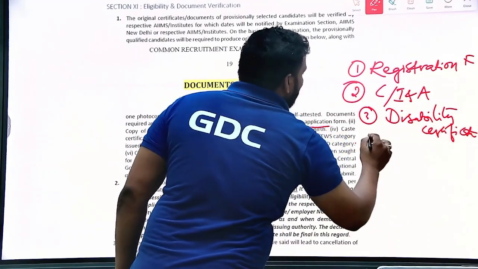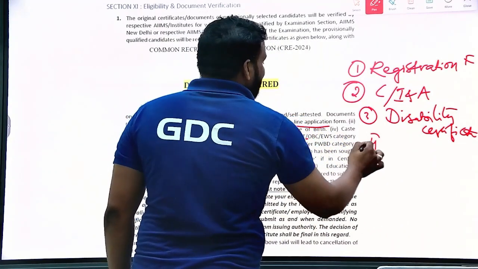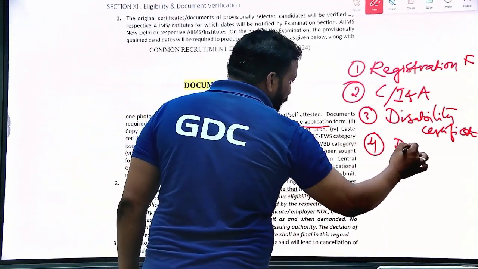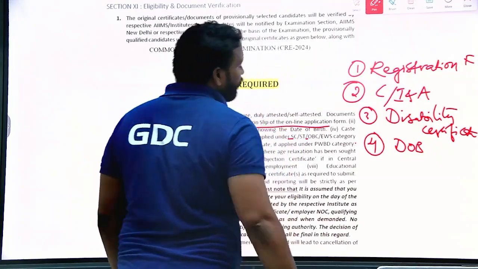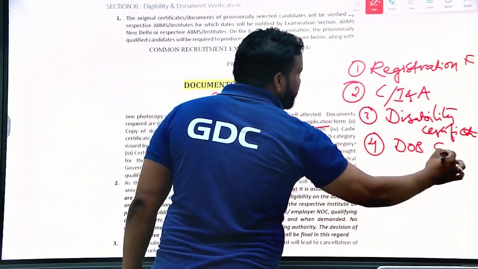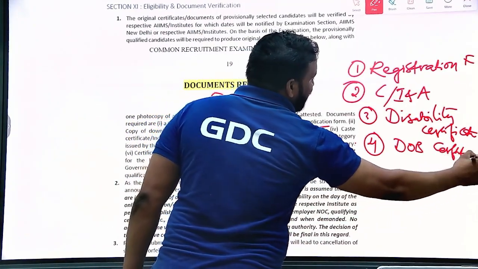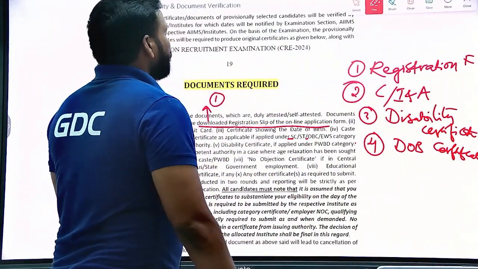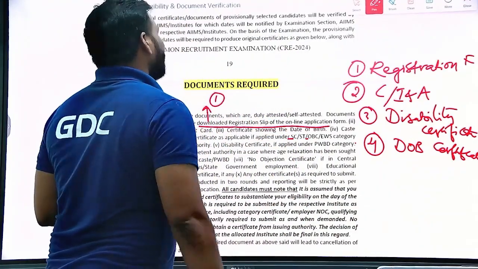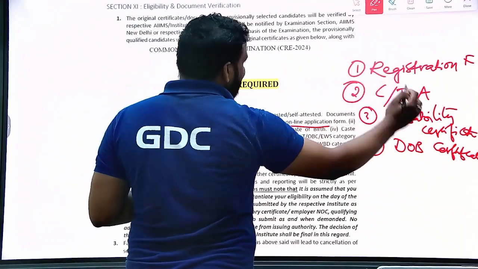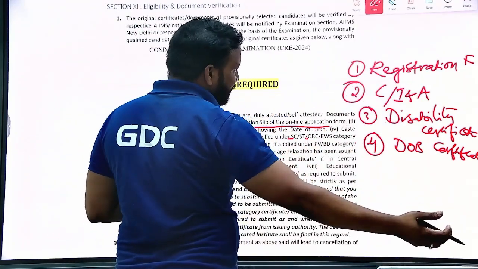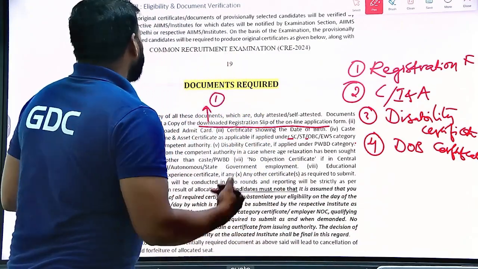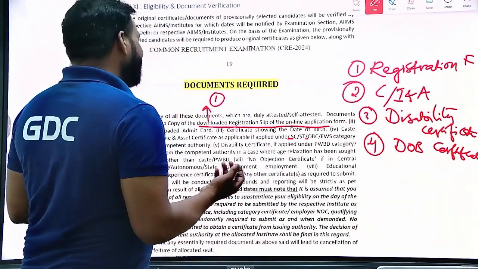And he should also have a date of birth certificate, DOB certificate, because if a person is seeking age relaxation, he should get that. So: DOB certificate, caste certificate, disability certificate.